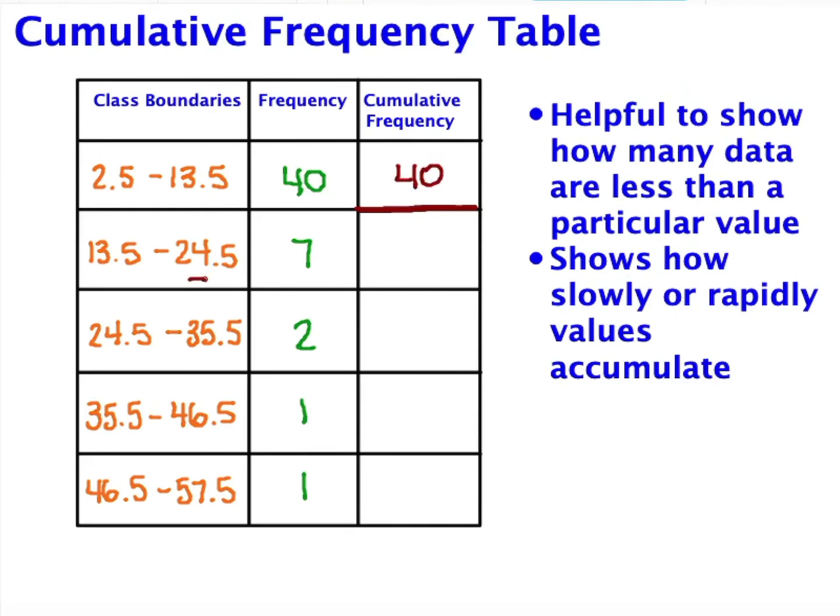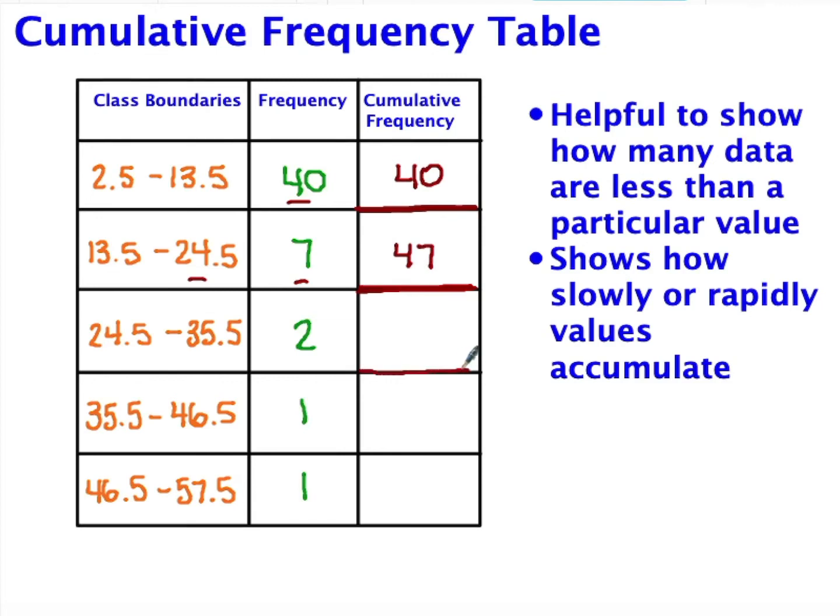By the time we get up to the end of the second class, 24 electoral votes, how many of the states have been accounted for? The 40 from the first class and the 7 makes a total of 47. So that shows us that a big majority of the states have 24 or fewer, yeah?